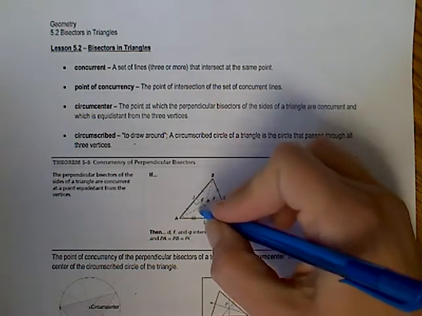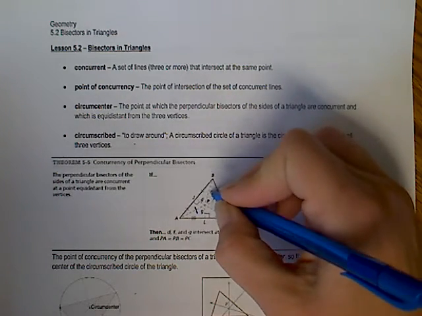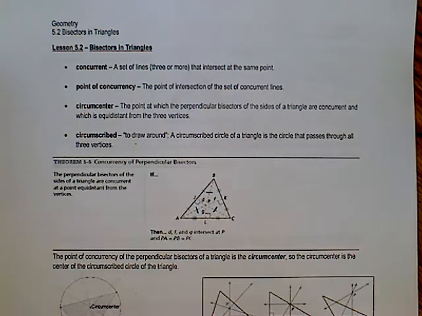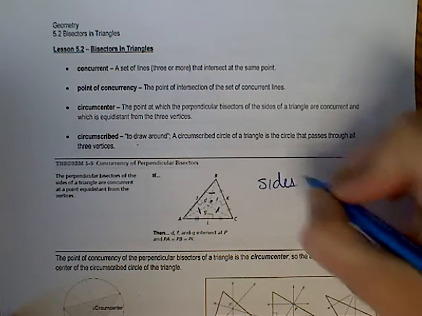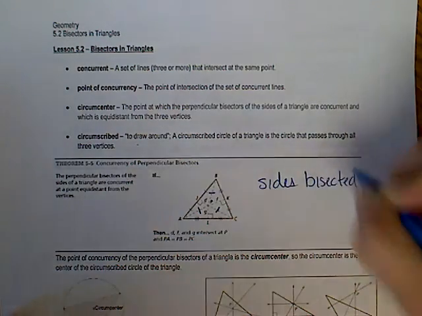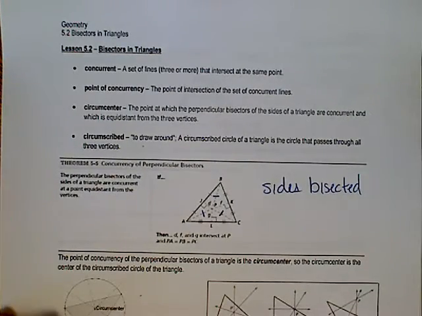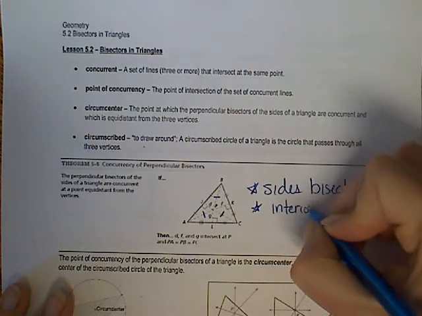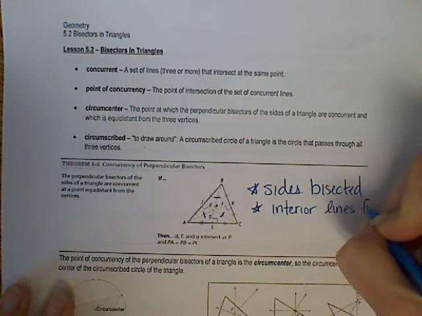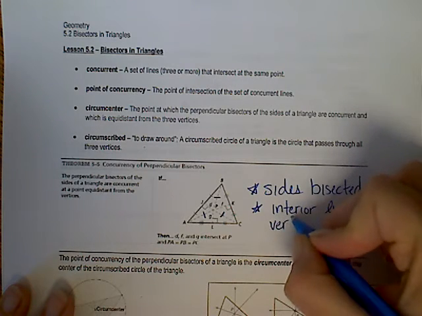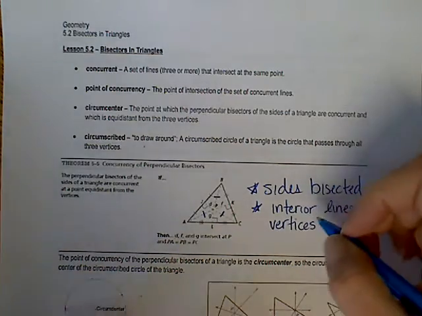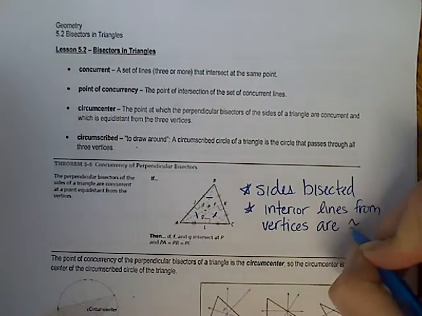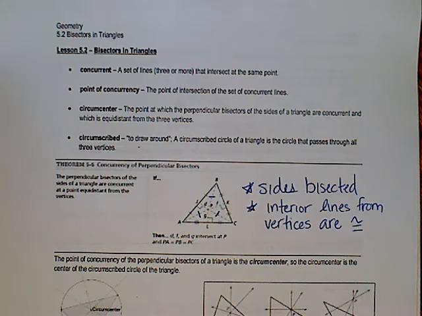I want to point out that PA is congruent to PB is congruent to PC. So the sides are bisected, and the interior lines from the vertices are congruent. Those are the two things to remember.